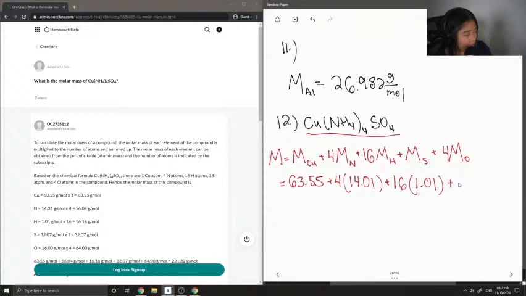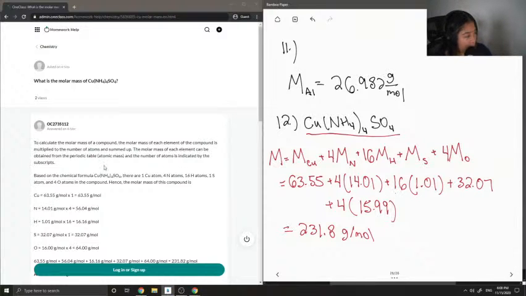The molar mass of sulfur is 32.07. And lastly, the molar mass of oxygen is 15.99. Plugging in all these values, you get a final molar mass of 231.8 grams per mole.